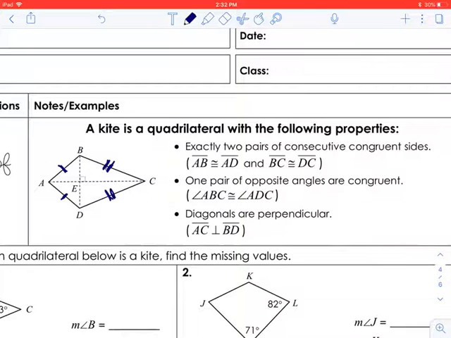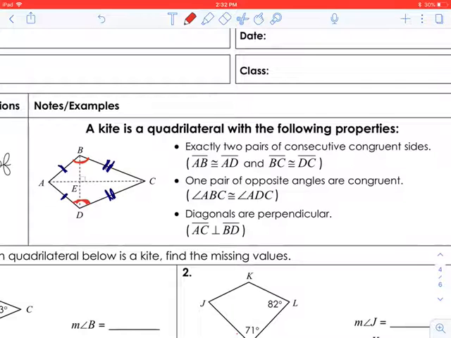Another thing is there's 1 pair of opposite sides that are congruent. So look between the 2 consecutive congruent parts. The ones that split up the 2 congruent parts are going to be the equal ones. So B and D.